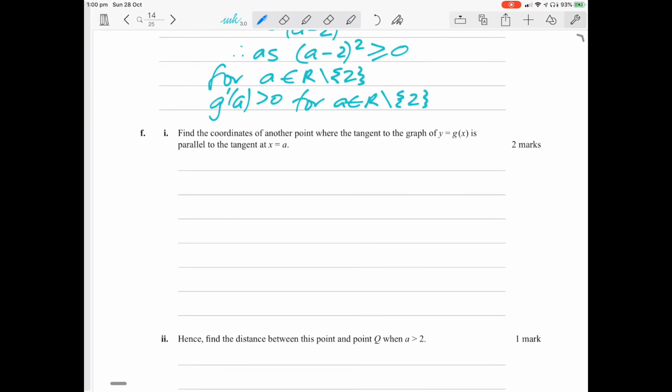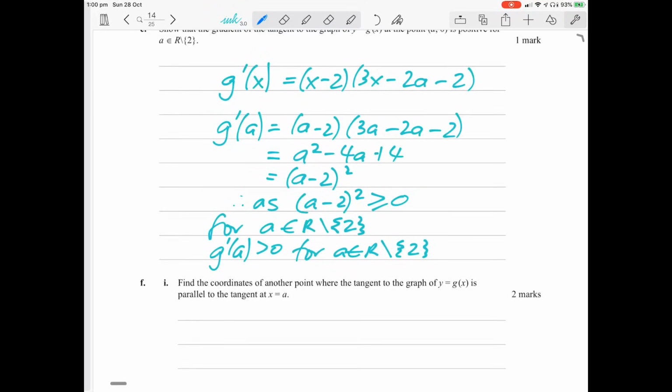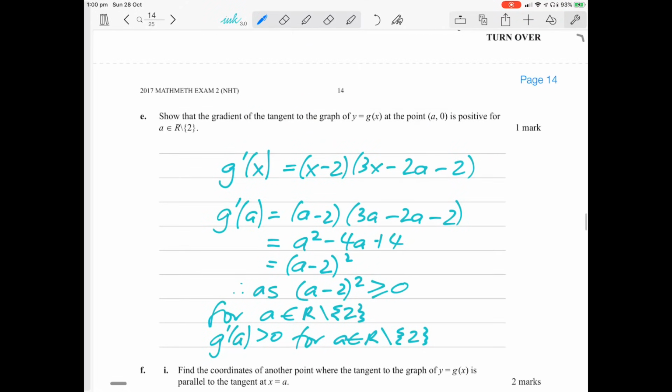Find the coordinates of the point where the tangent is parallel to the tangent at x equals a. Okay, so we want to find another point where the gradient is equal to that.